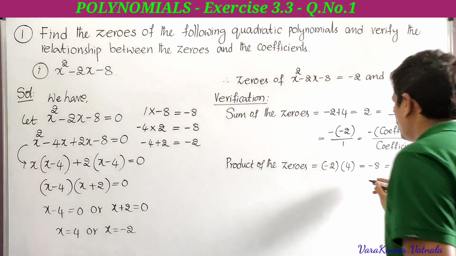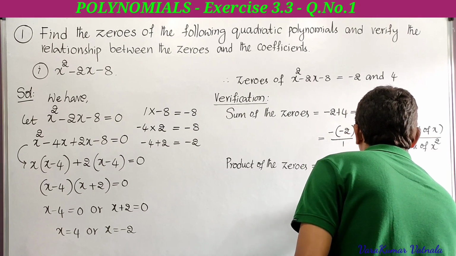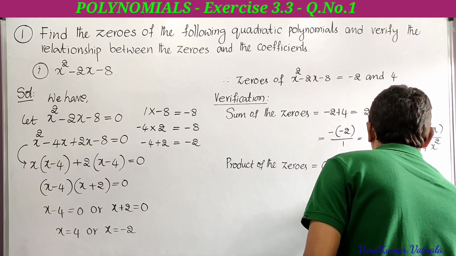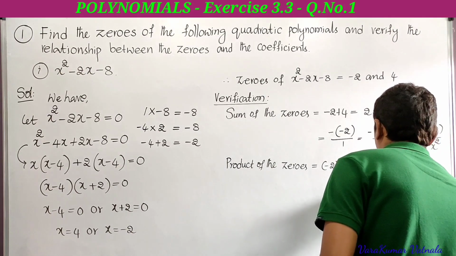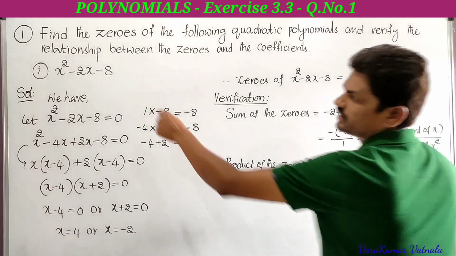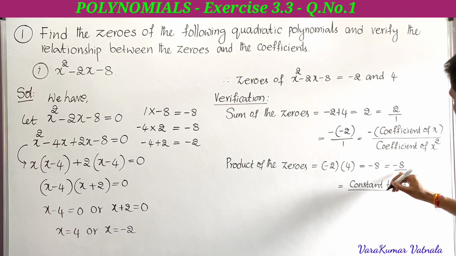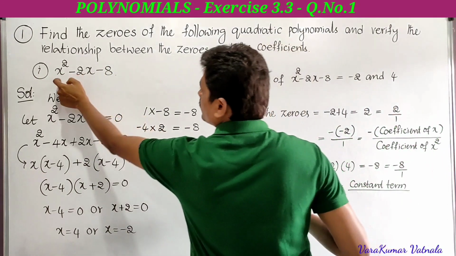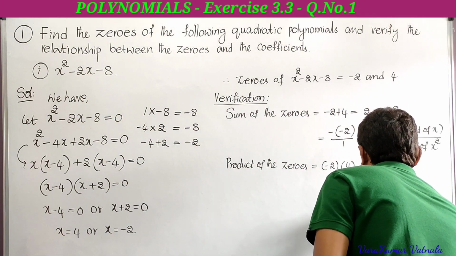So this is nothing but the constant term divided by the coefficient of x square. Minus 8 is the constant term of the given quadratic polynomial and 1 is the coefficient of x square.